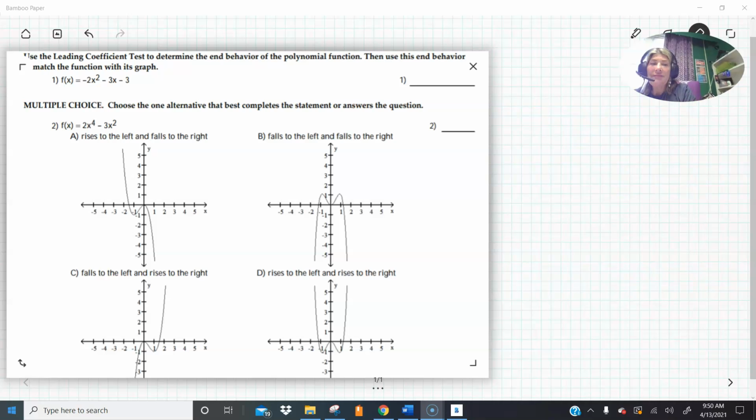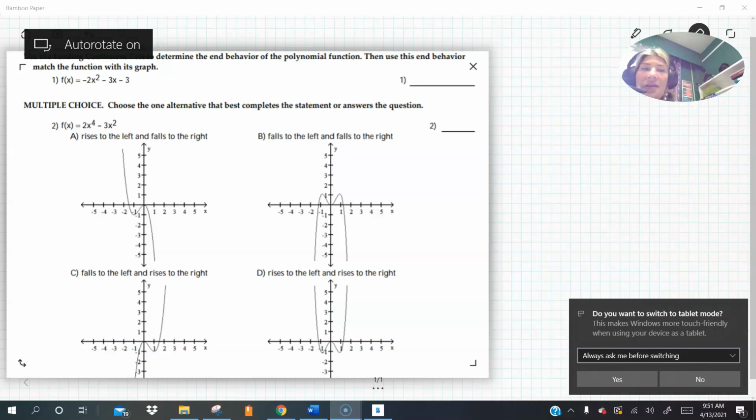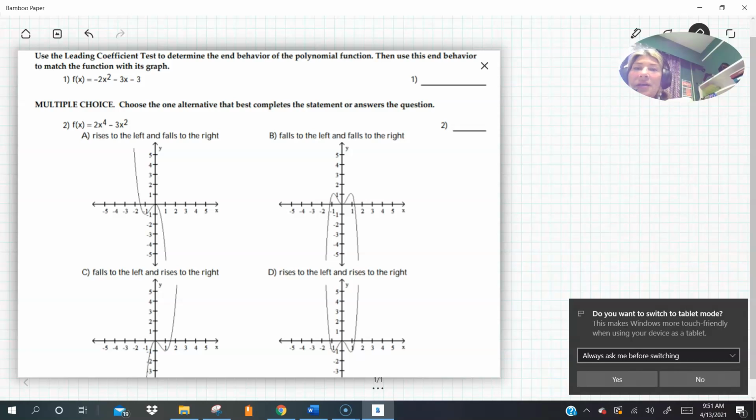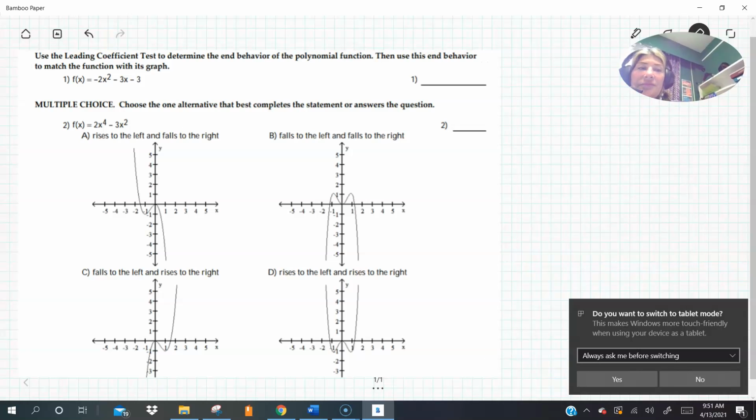Problem number 1, the leading coefficient is negative 2x squared. The leading term is negative.